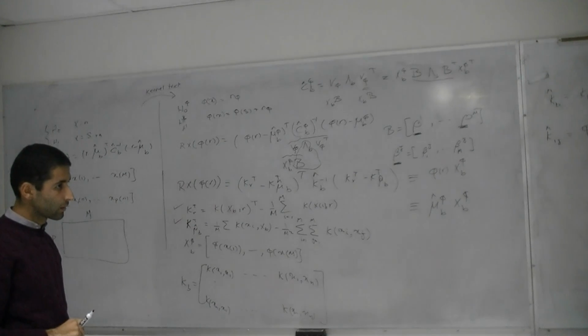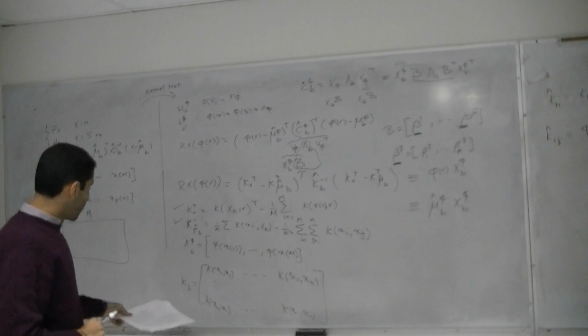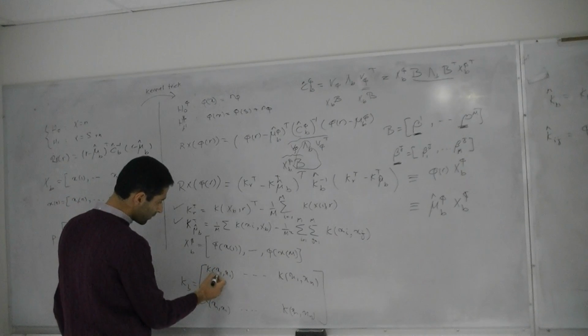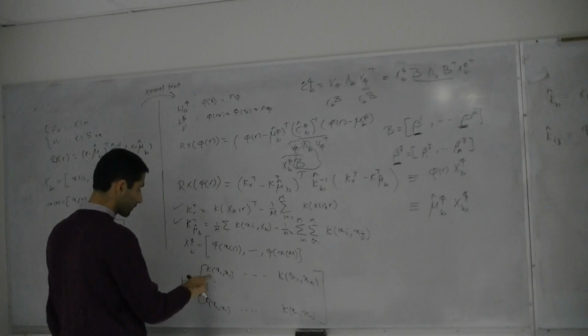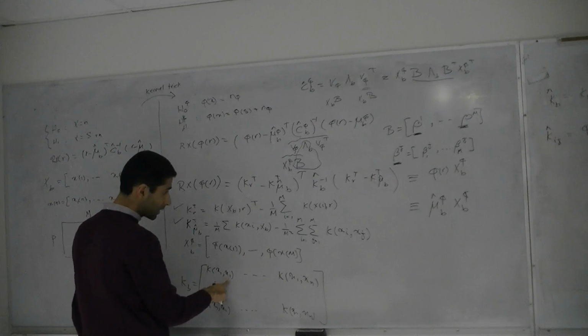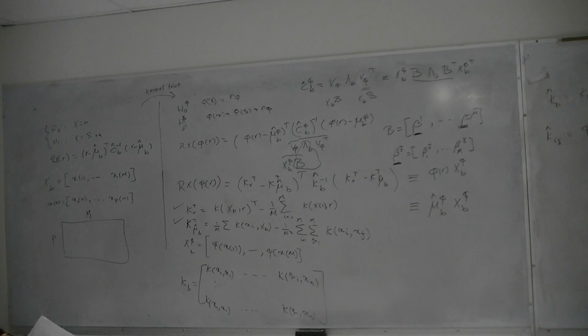But what's the difference between the KB and KB hat? In the KB, you find the kernel value between x1 and x2, but we need the kernel value between x1 and x2 minus the mean value, because it must be unbiased.